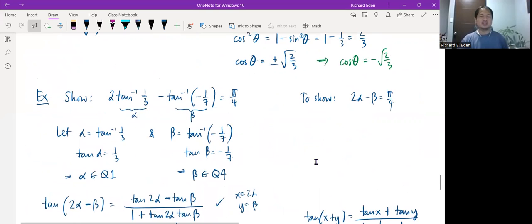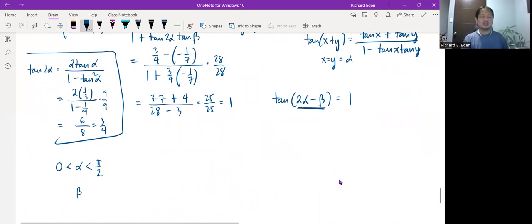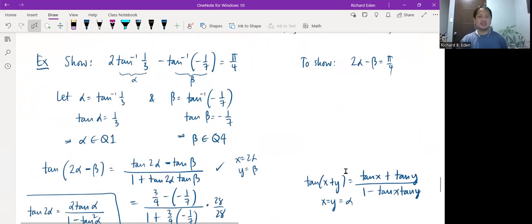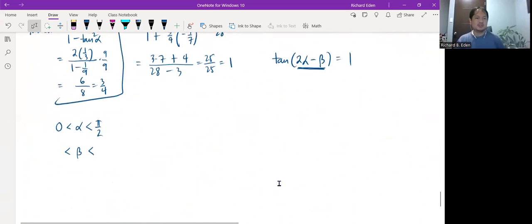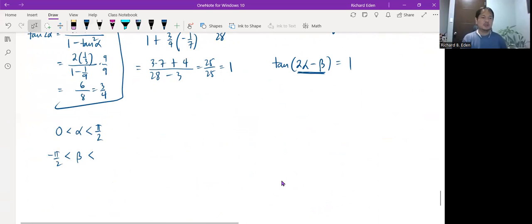As a tangent inverse output, the range is negative pi over 2 to pi over 2. So beta is going from negative pi over 2 to 0. Let's see what the implications are.